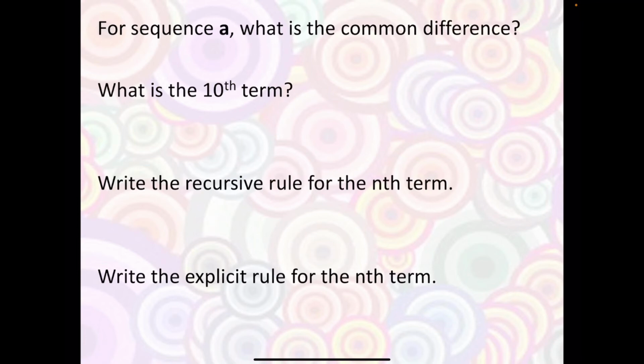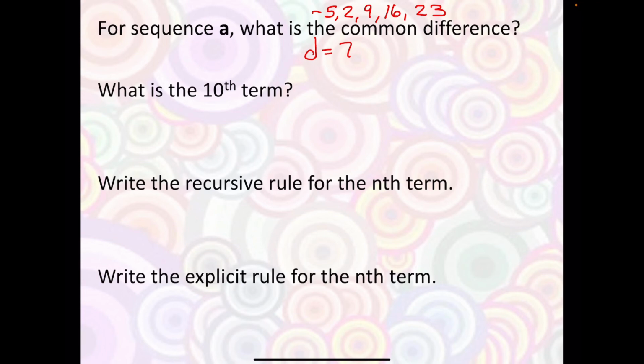So let's use sequence A, which was negative 5, 2, 9, 16, and 23. And let's say what the common difference was. Well, we already found the common difference was 7. And again, 23 minus 16 is 7. 16 minus 9 is 7, and so on.